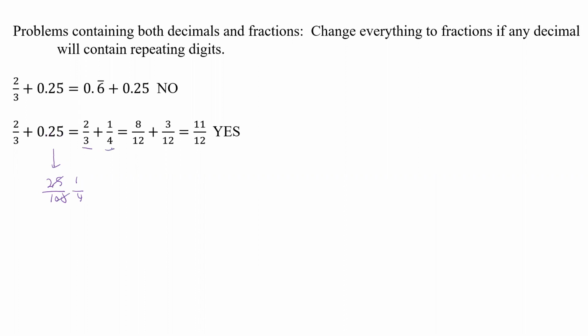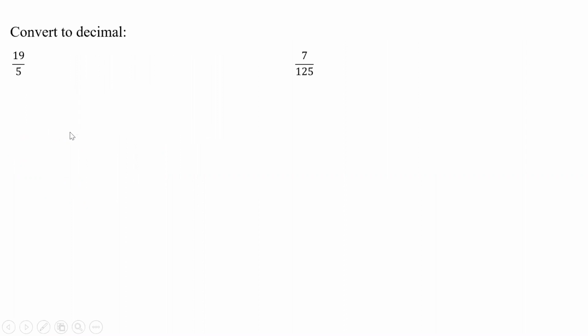Then we can add those two together by getting a common denominator of 12. So we'll take 4 times this and get 8 over 12, and we'll take 3 times that and get 3 over 12, and then 8 plus 3 is 11 over 12. That's what we're going to do if this is going to be a repeating decimal. Now, if this is a terminating decimal, we'll convert them both to decimals and we'll just work with decimals only.